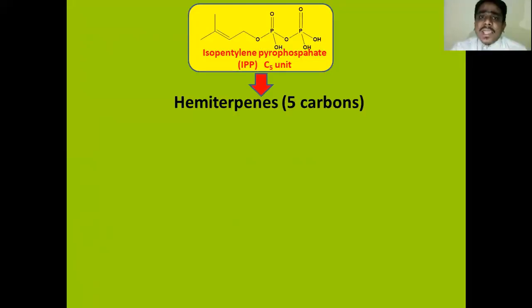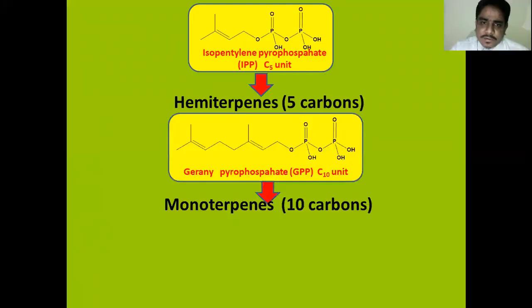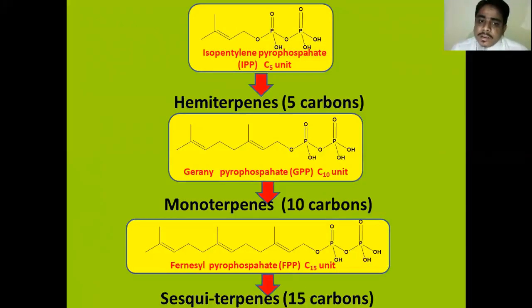Hemiterpene is formed from isopentenyl pyrophosphate, that is IPP, because both contain 5 carbon atoms. Monoterpenes contain 10 carbon atoms. Geranyl pyrophosphate, GPP, contains 10 carbon atoms. So GPP is a precursor for formation of monoterpenes.